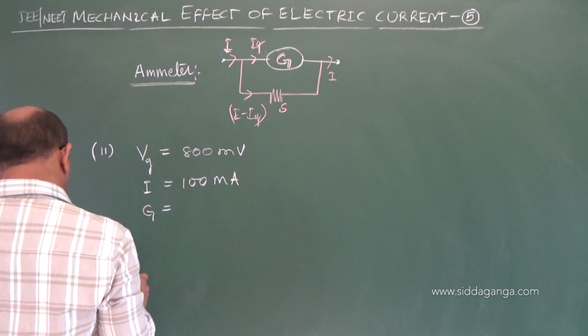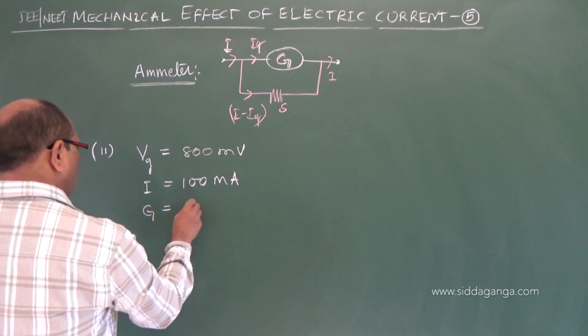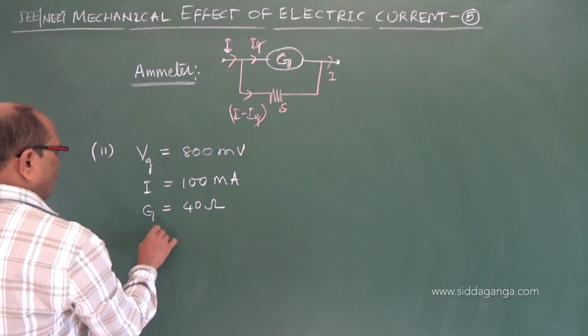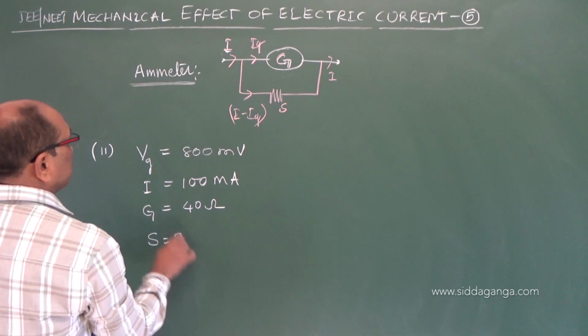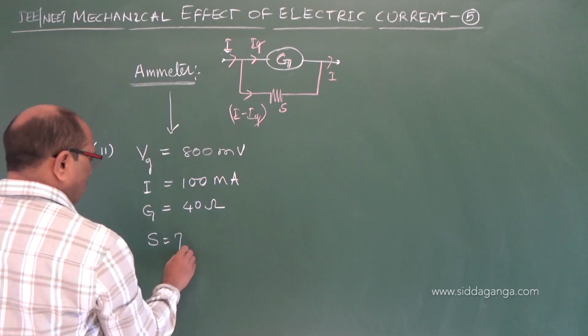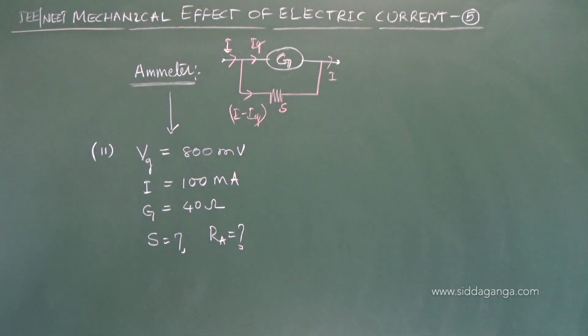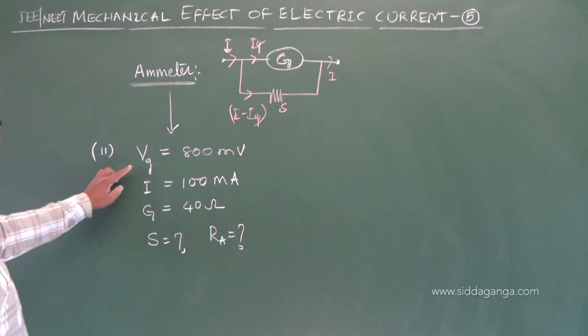Galvanometer resistance is 40 ohm. What is the value of S? Ammeter you have to convert. And what is the effective resistance of the ammeter? The two questions are here.